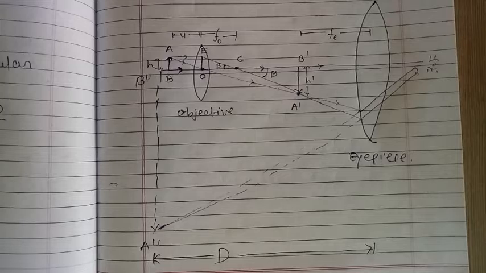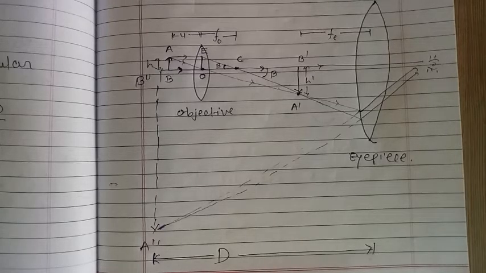So here we have to derive the equation of magnification, right? So we know the magnification formula, right? If the object is within the focal length, then m is equal to 1 plus d by f.